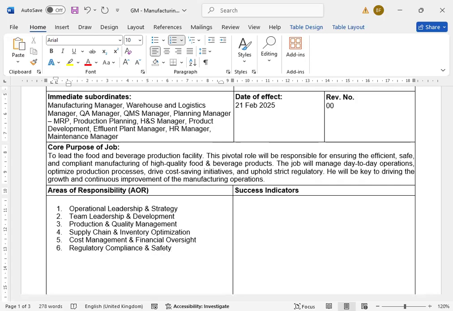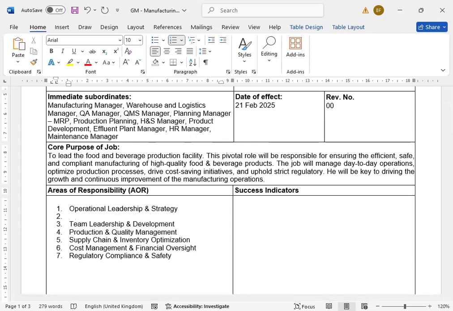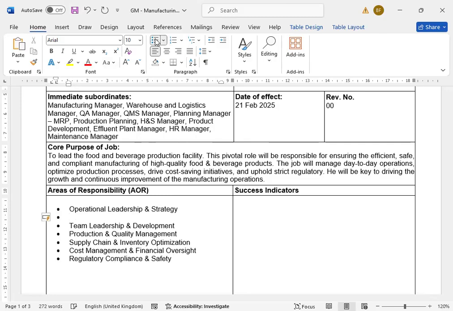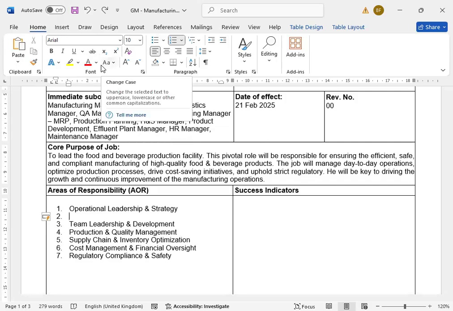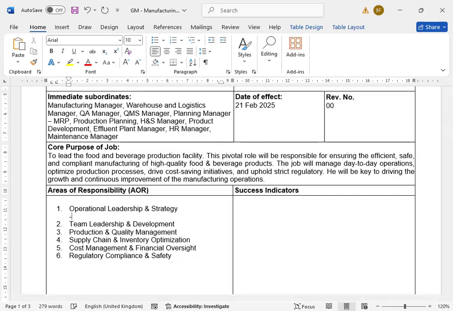All right. So there are 6 important roles for the company. Okay. Now I'm gonna write a little bit of details for this. What I'm gonna do is put a bullet point for this. It's not working. I don't know how to use Word.